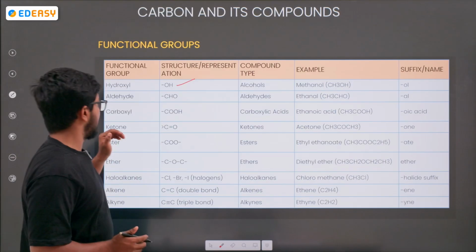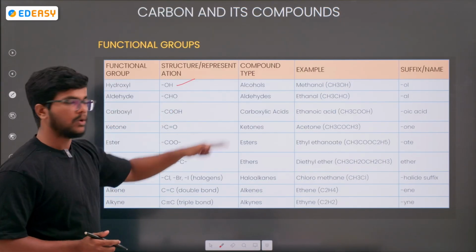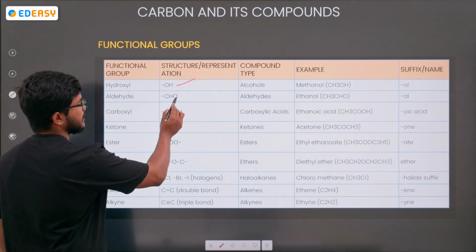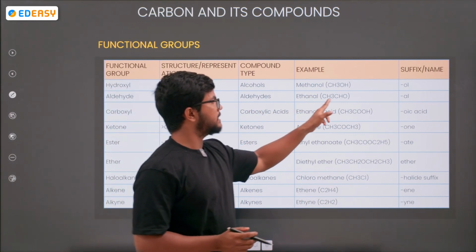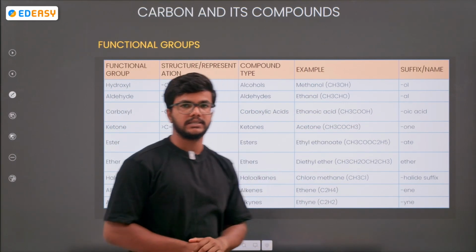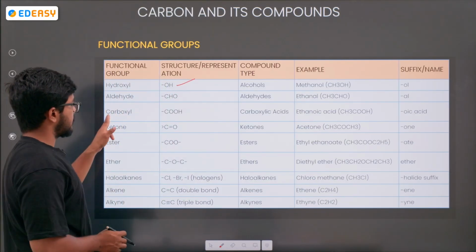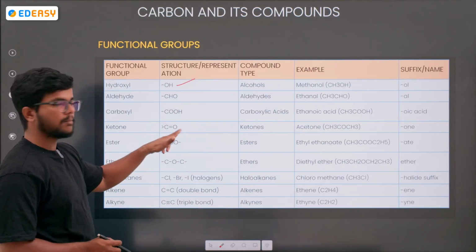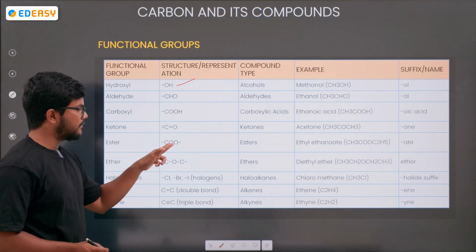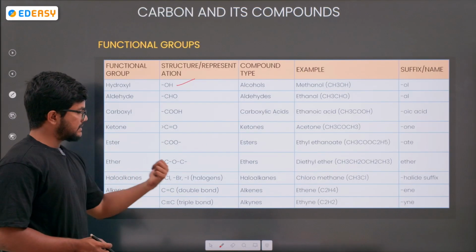Okay, and aldehyde, CHO. CHO means C double bonded O and H, and here it comes aldehyde, CH3CHO. Carboxylic acid, COOH; ketone, C double bonded O; ester, COO; ether, COC.